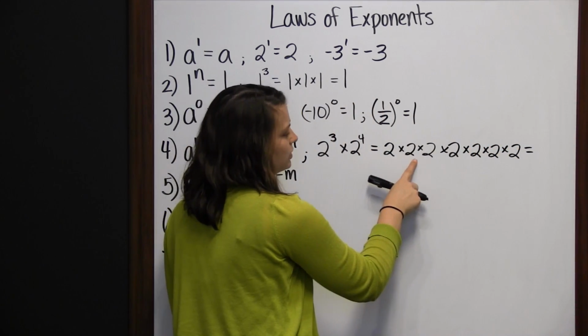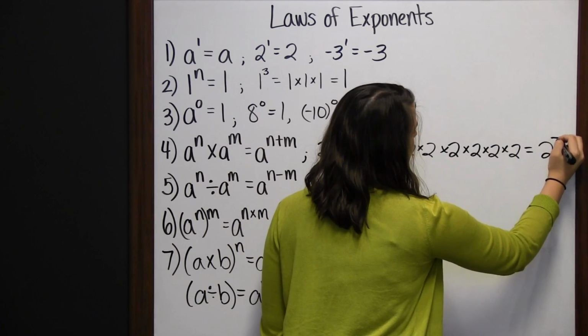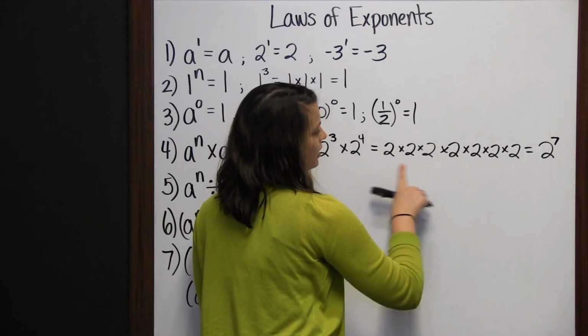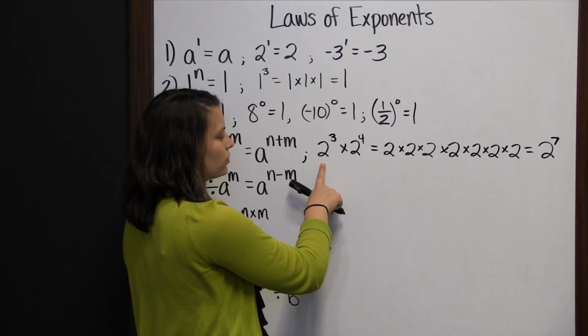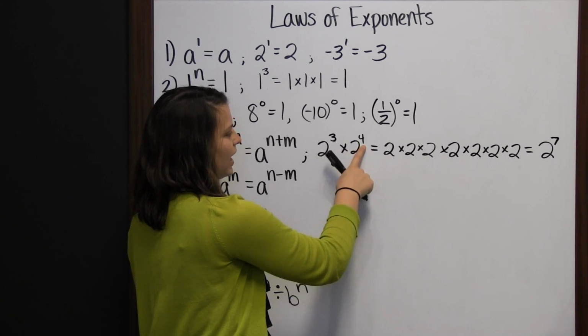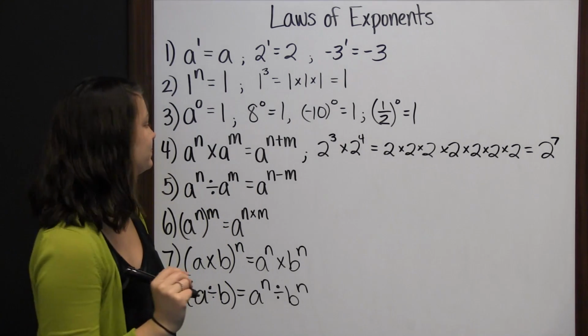So we've multiplied 2 times itself a total of 7 times. So instead of going through all of this, we can just use that rule that when we multiply numbers with the same bases, we simply add the exponents. And then you could simplify from there.